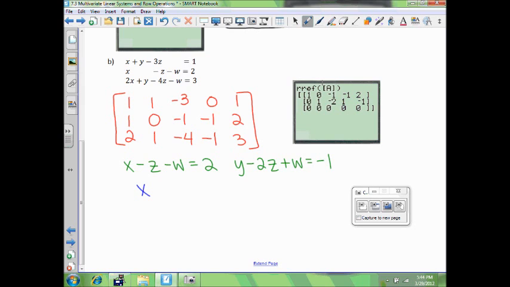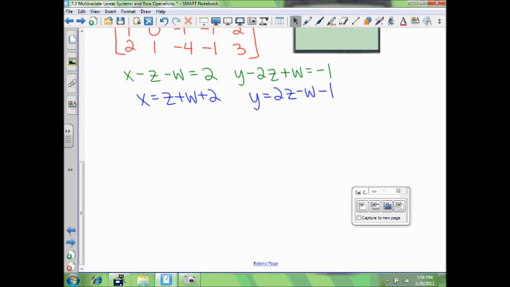Solving both of these for x and y, we have these two equations here. x is going to be equal to z plus w plus 2. y is equal to 2z minus w minus 1. That means my answer is z plus w plus 2, 2z minus w minus 1, z, then w.